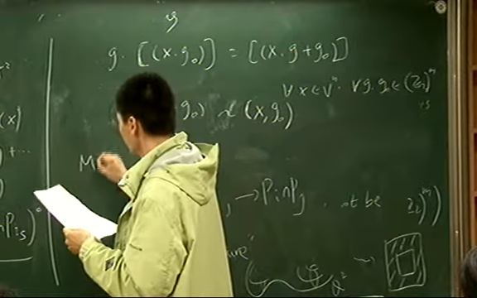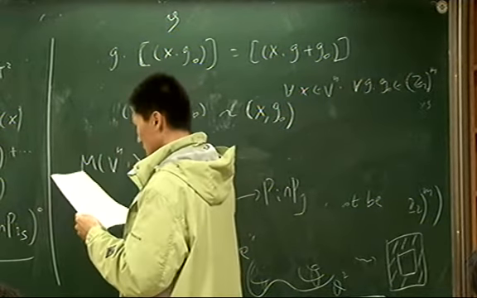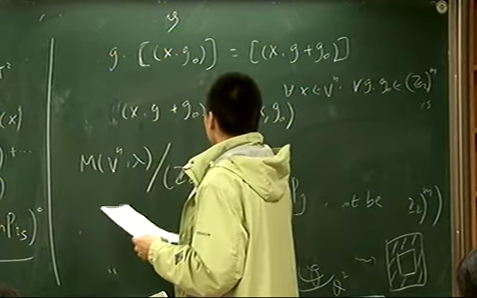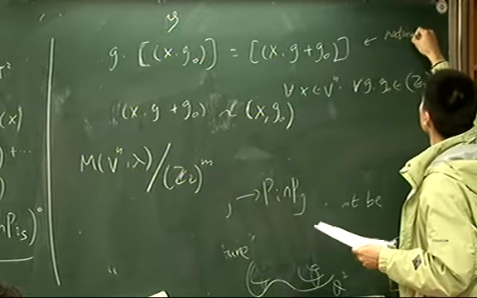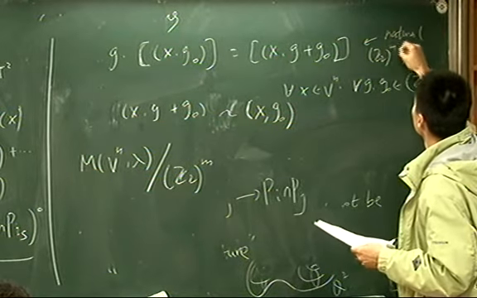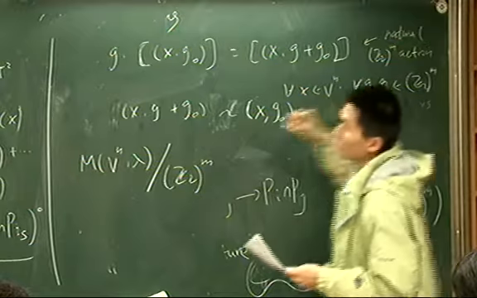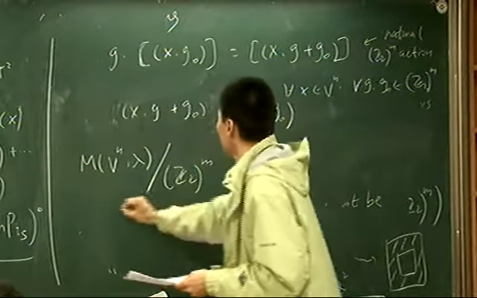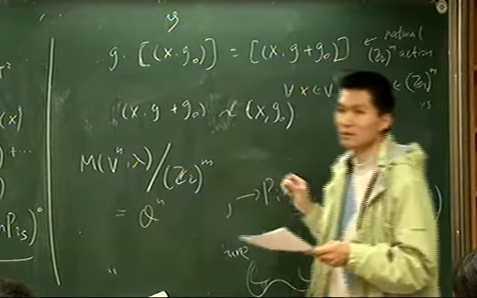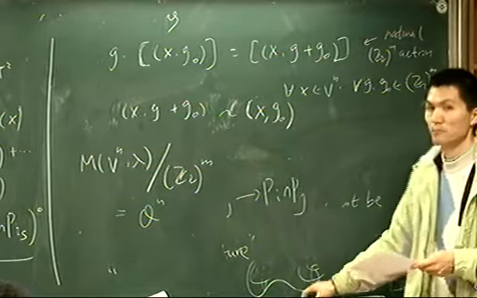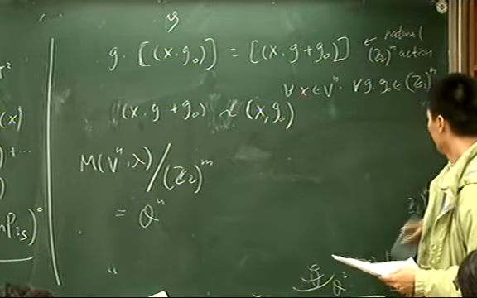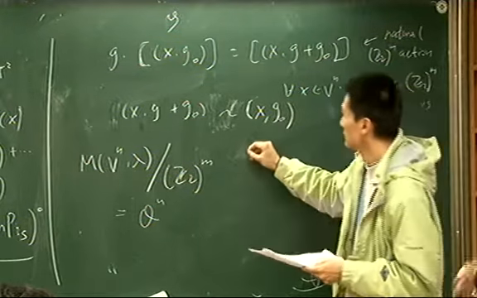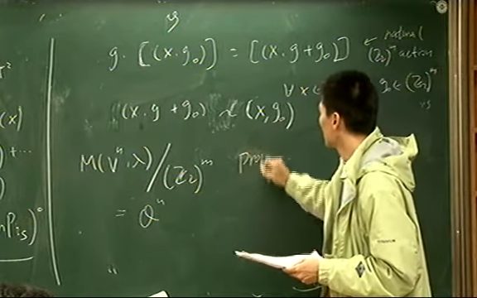And we have a very easy argument to show that the orbit space of this natural Z2^m action on this space is Qn. And we have a very easy proposition.